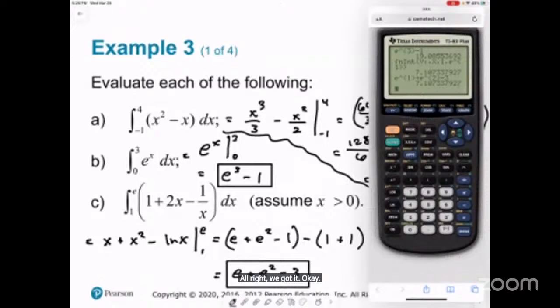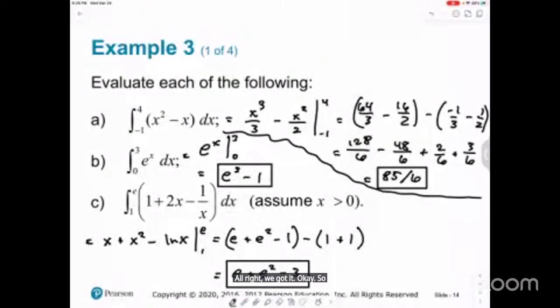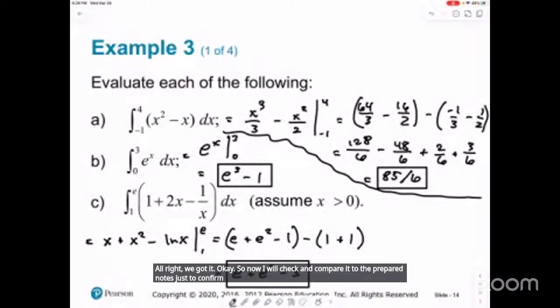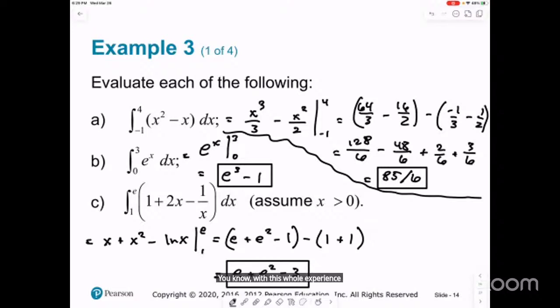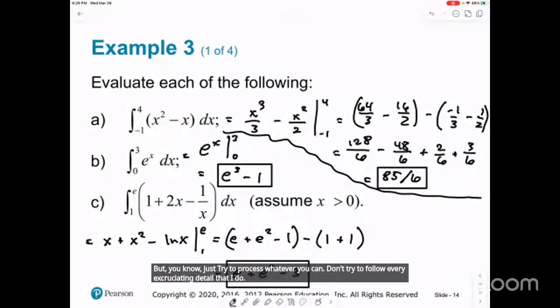So now we'll check and compare it to the prepared notes just to confirm that these numbers are correct, or make sure that we are on the right track. But with this whole experience, and I know at this point this is kind of a moot point, I guess, just try to process whatever you can. Don't try to follow every excruciating detail that I do. Just try to get the gist of it.